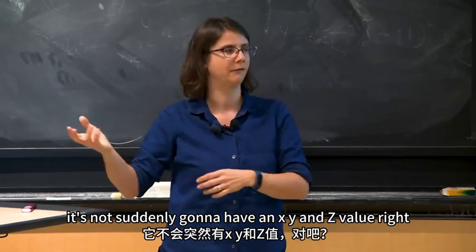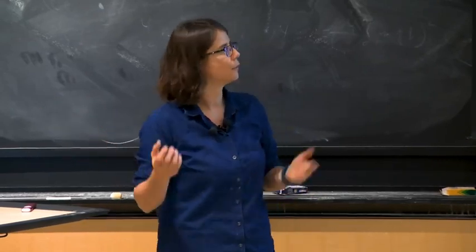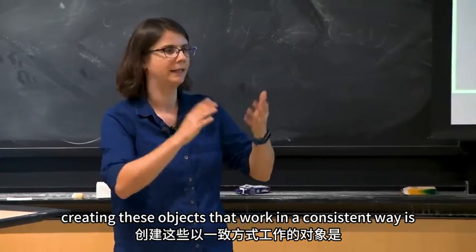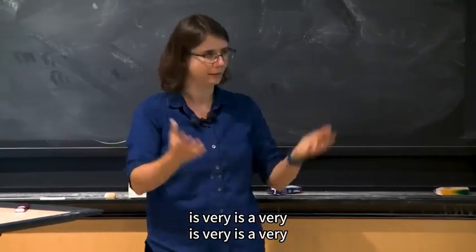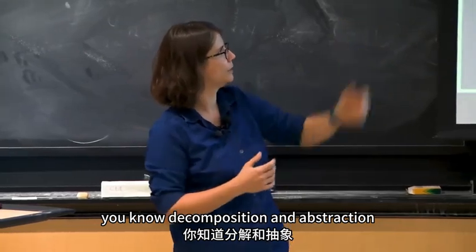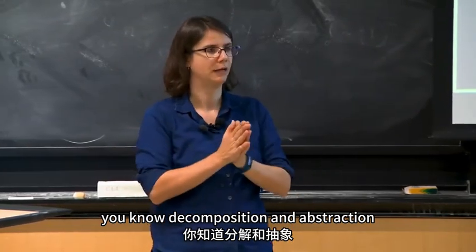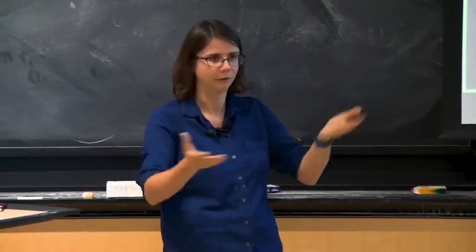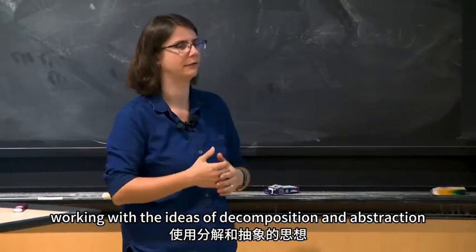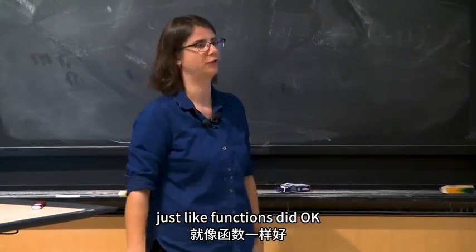It's not suddenly going to have an x, y, and z value. So creating these objects that work in a consistent way means we are working with the ideas of decomposition and abstraction just like functions did.